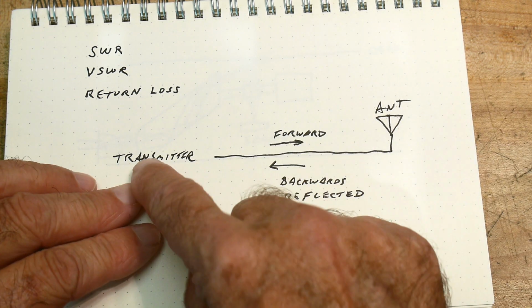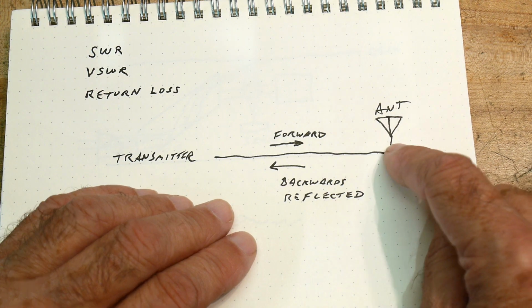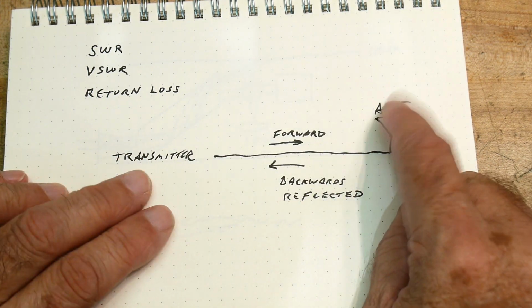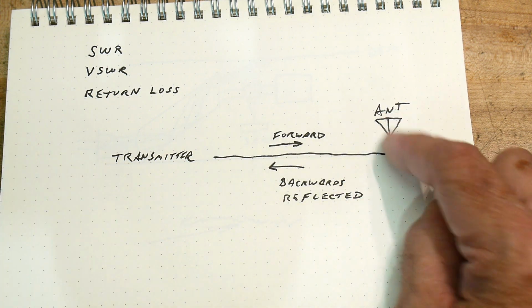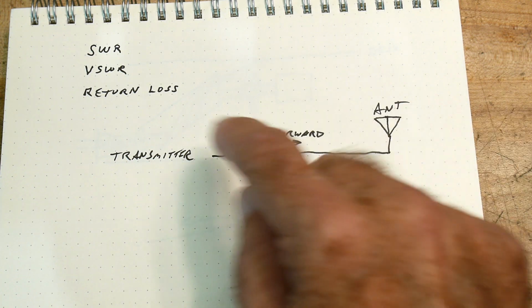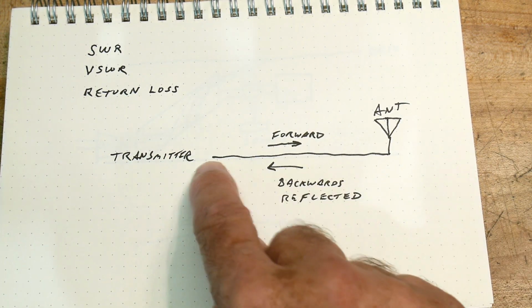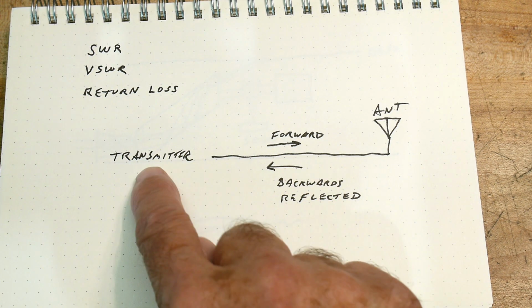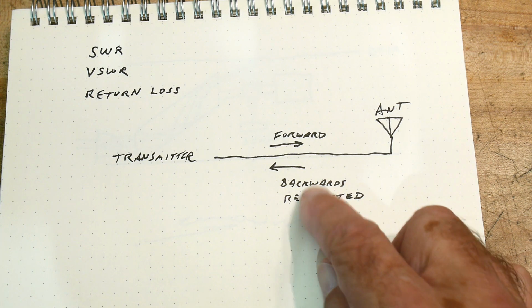And a match means that you have forward power that goes into the antenna, and if they're matched with impedance, then all of the power will go into the antenna. But if there's a mismatch at the antenna, if the antenna is not the same impedance as the transmitter, then you'll get a reflected amount of power that comes back. And so you have forward power and you have backward power or reflected power, right?